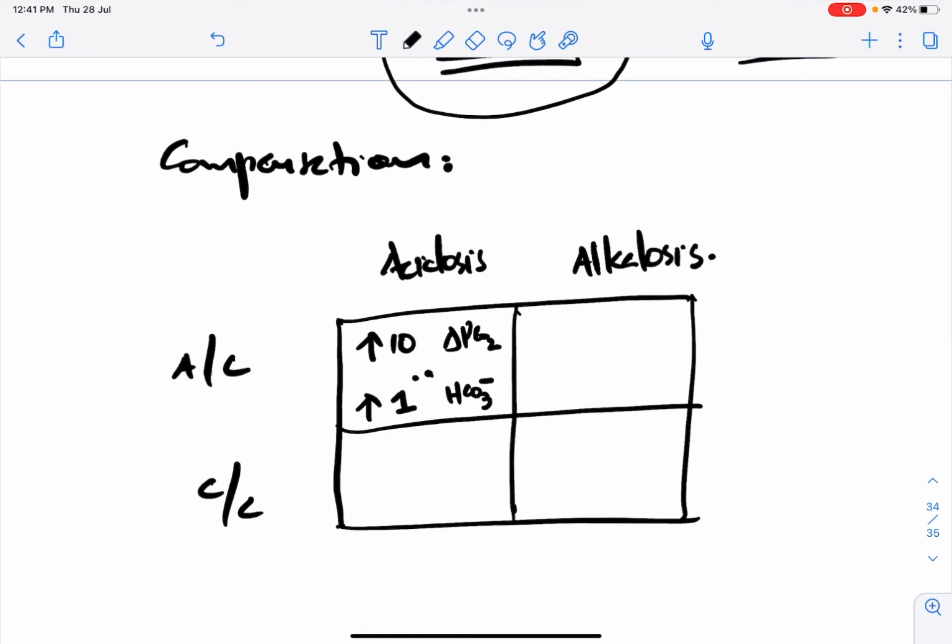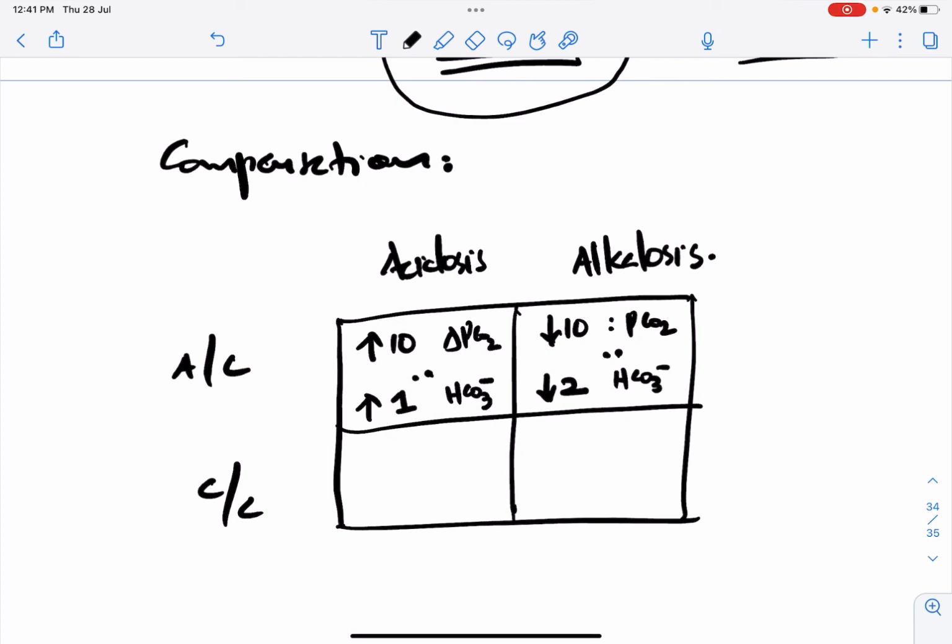Okay. For alkalosis, the PCO2 will decrease. So for every 10 decrease in PCO2, there should be a 2 milliequivalent decrease in bicarbonate.